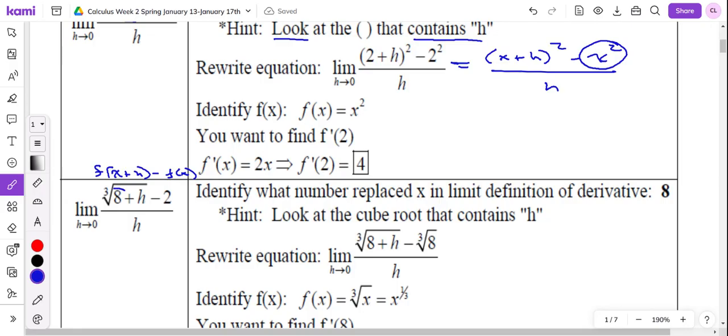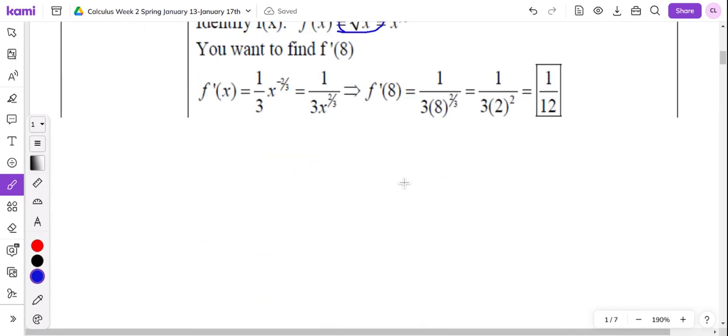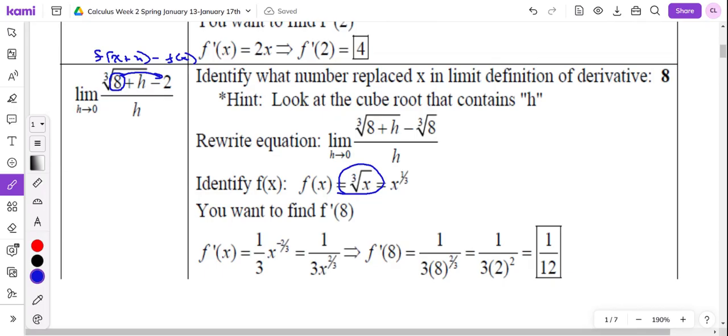So if I have an 8 here, how do I go from here to here? Well, they took the cube root, so that means my function is the cube root of x, and then you can just take the derivative of x to the 1/3, and then you find it from there. So that's really all yesterday's was, plus some review.